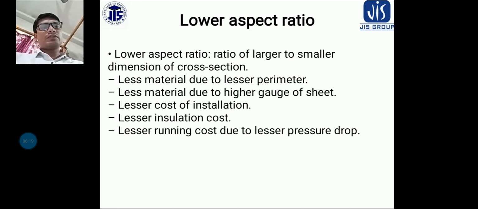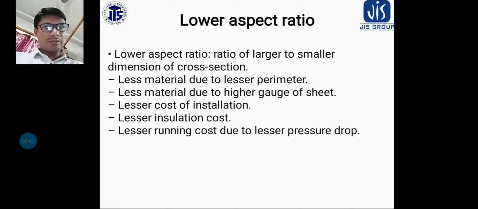Now if I am talking about the aspect ratio, the aspect ratio is the ratio of larger to smaller dimension of the cross section. So in case of a duct, we have to consider the aspect ratio.